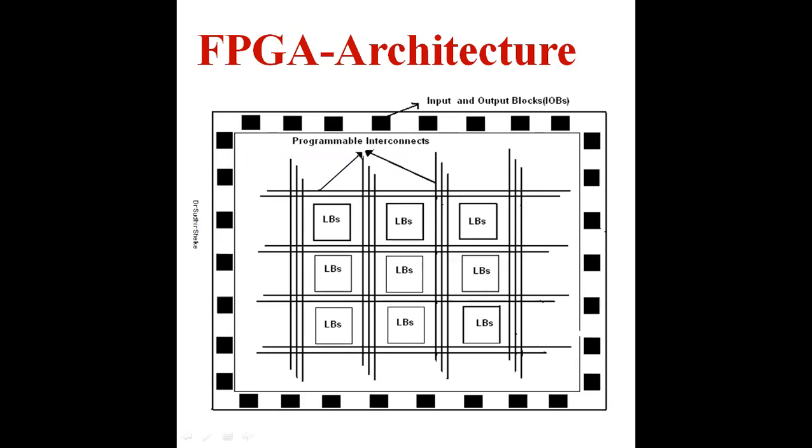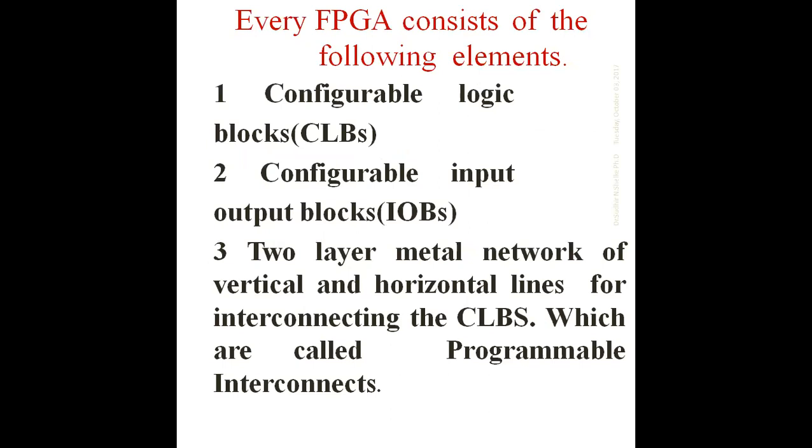This is the basic architecture of the FPGA. It consists of the logic block, programmable interconnect and the input-output block. Every FPGA consists of the following elements: the configurable logic block, CLB, the configurable input-output block, and a two-layer metal network of vertical and horizontal lines for interconnecting the CLBs, which is called the programmable interconnect.